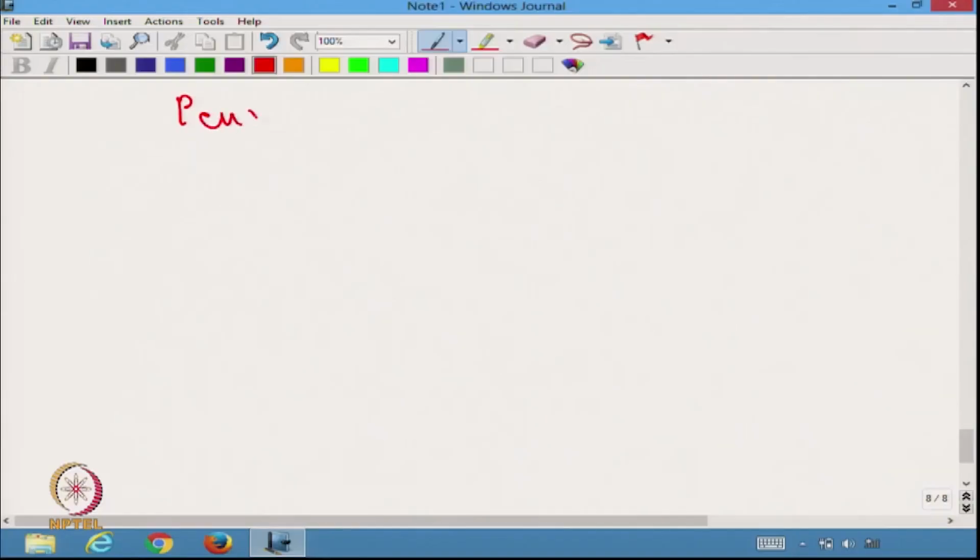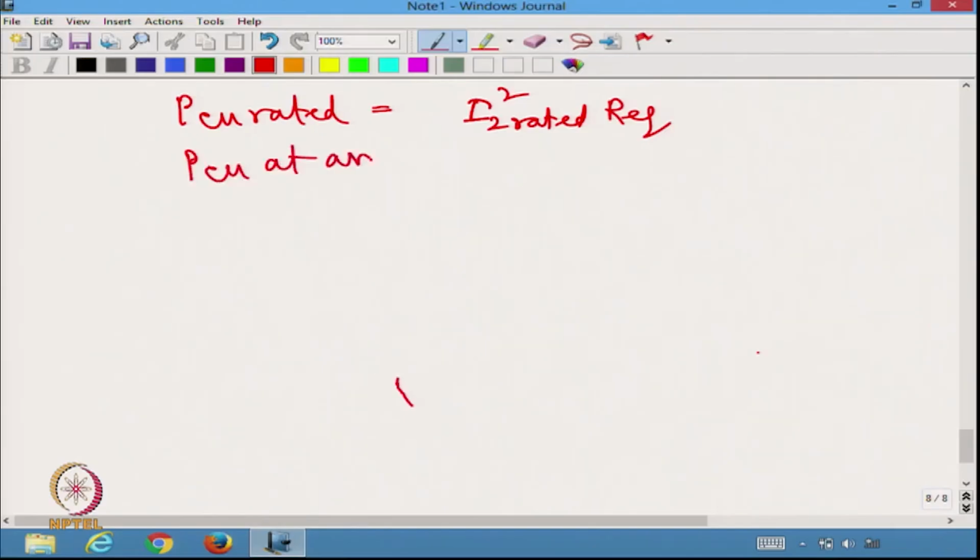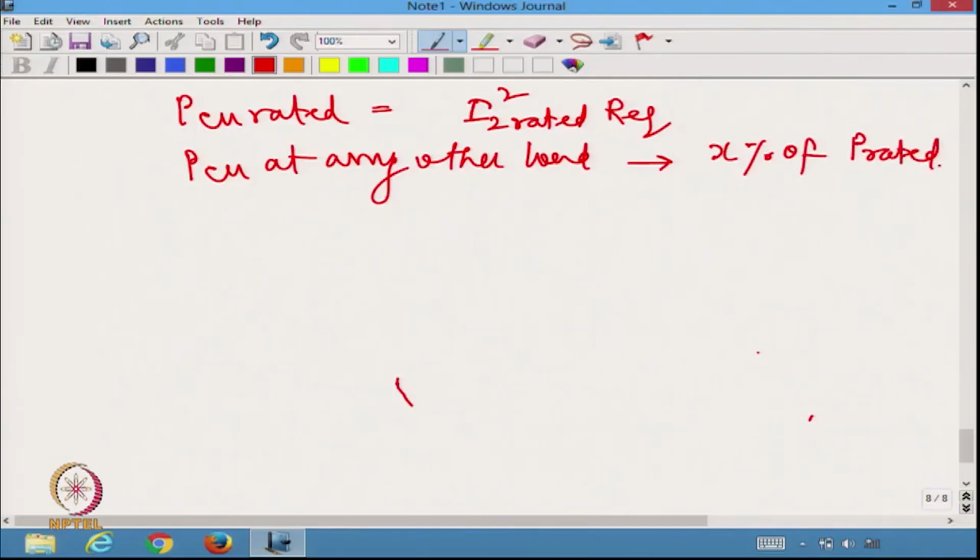Let me understand this situation clearly. P copper rated will be equal to I2 rated whole square multiplied by R equivalent. P copper at any other load, which is maybe X percentage of rated, then current will be equal to X times I rated.